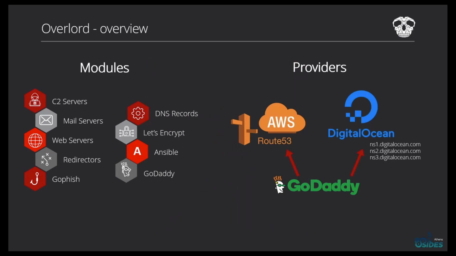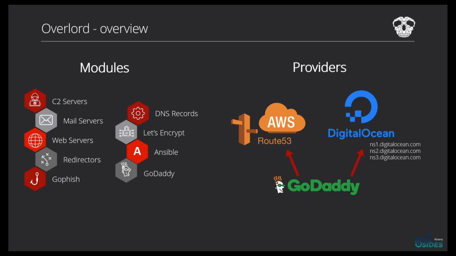Okay, so let's now dig into the modules offered by Overlord. Each module has a specific purpose, and we have the servers side and the rest of the modules. Let's start with the servers. So first of all, we have the C2 servers, which are the command and control we have already explained.